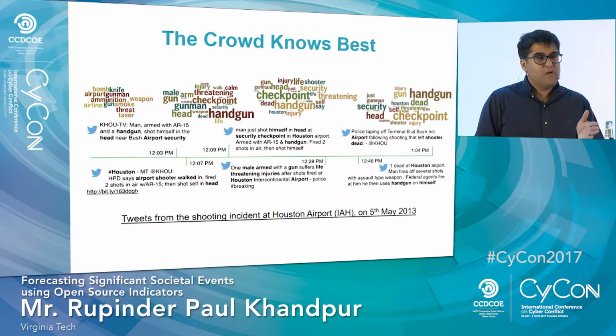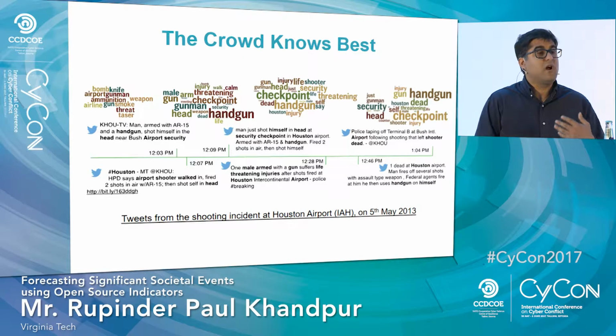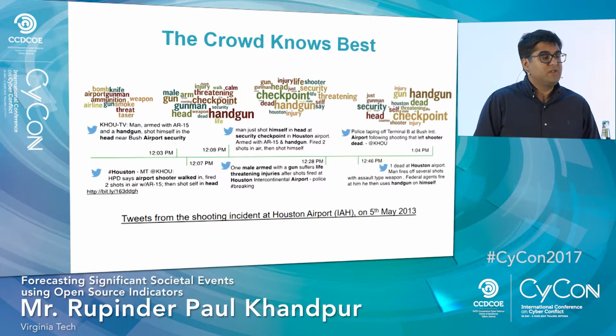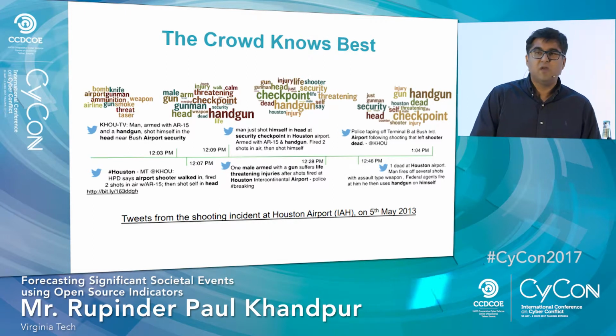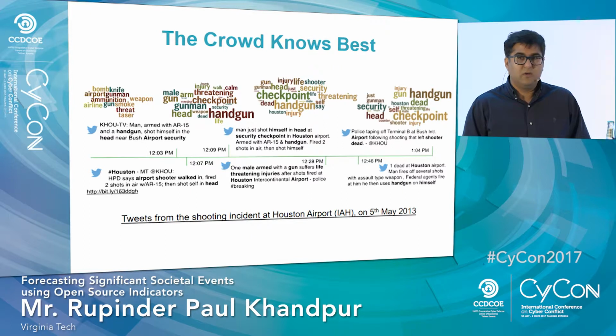And this shows how, at different snapshots, the Twitter conversation evolves and how our model picks up that conversation. You'll see initially it starts off with some seed keywords, which pertain to some security-related keywords, and as you go all the way towards the left, you'll see more specific descriptions of that event. And this is a very key example of how the conversation is evolving and what the crowd really tells us on Twitter-like mediums.